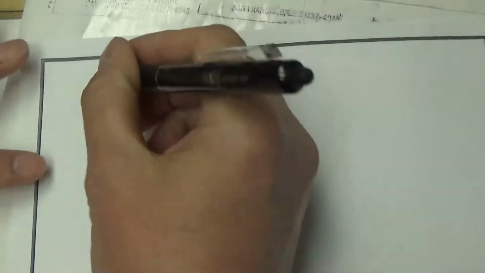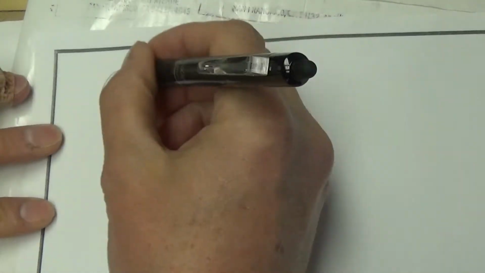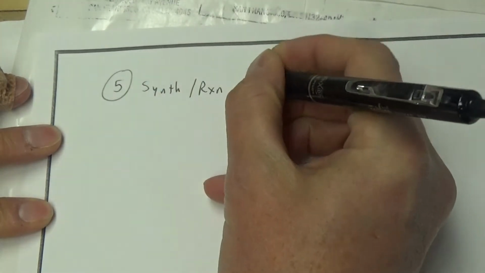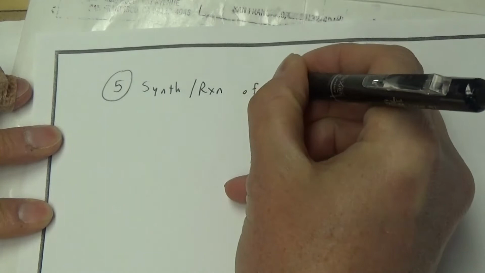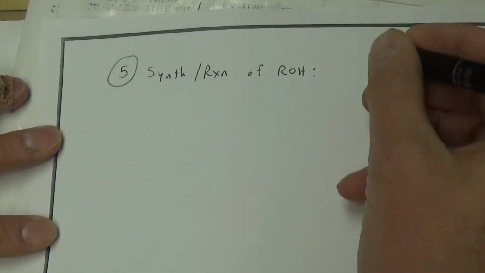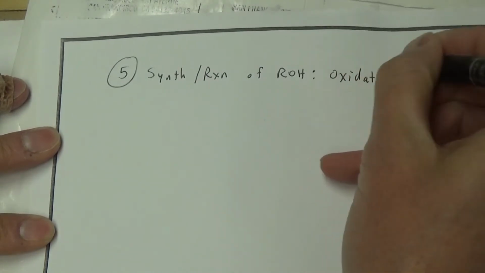Okay, now we're on number 5. Number 5 is synthesis and reactions of alcohols, ROH, alcohols, oxidation and reduction reactions. Oxidation and reduction.